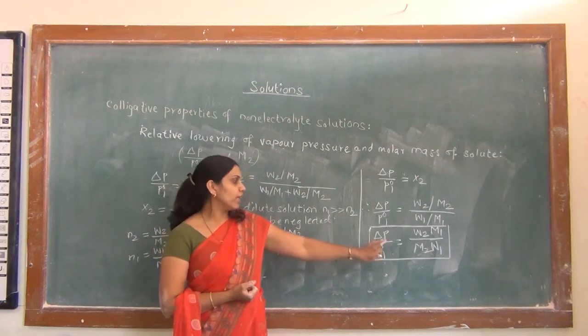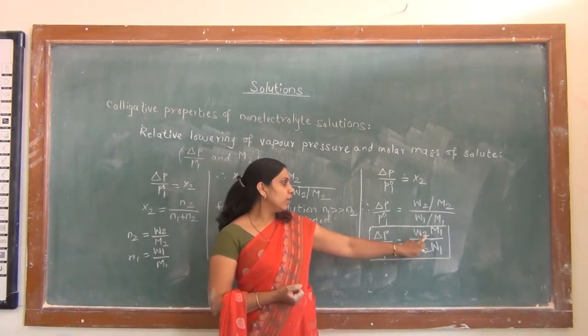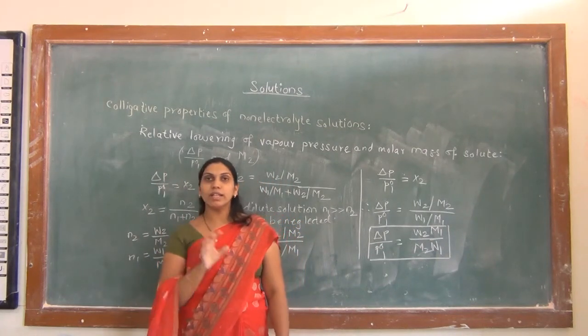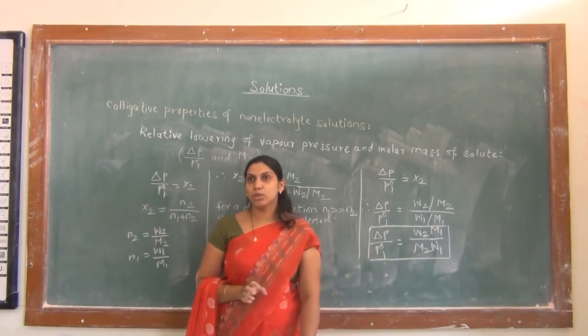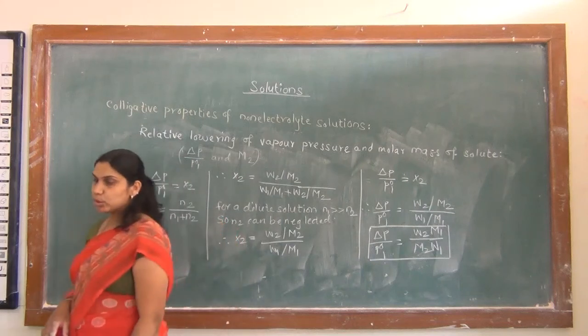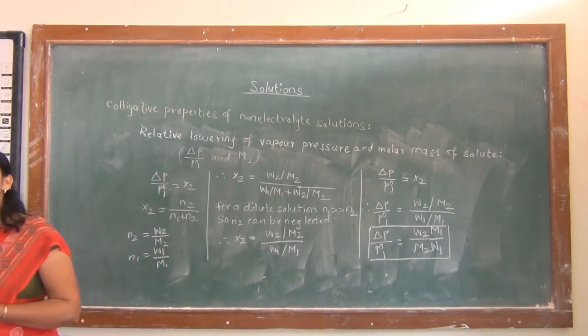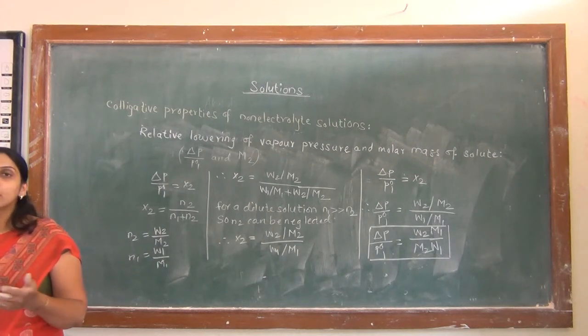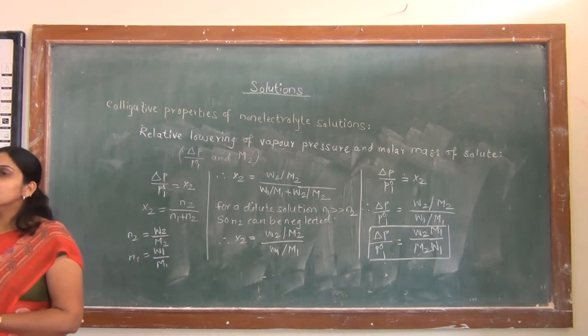If you know the values of delta P, P01, W2, M1 and W1, using all these given values, you can find M2. How to calculate M2 from the given data, we will see by taking an example. We will solve the numerical.